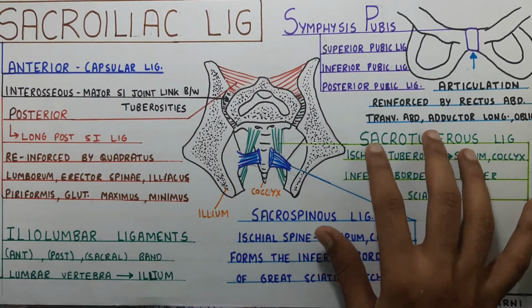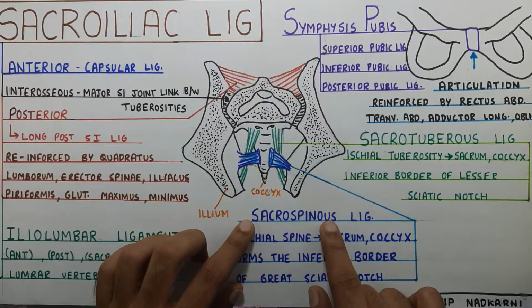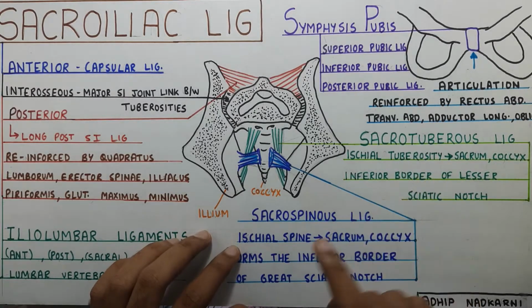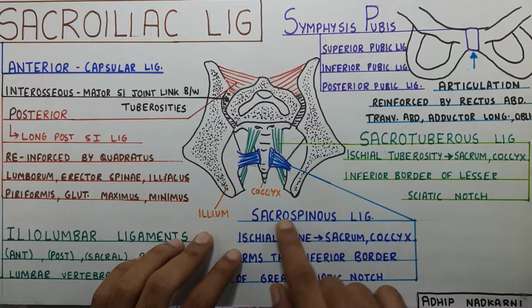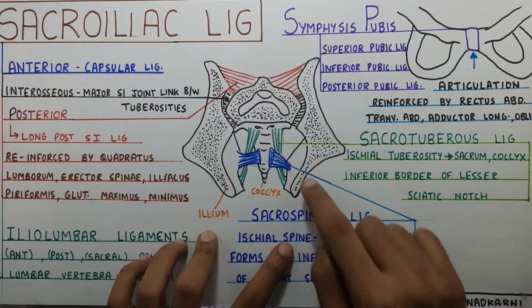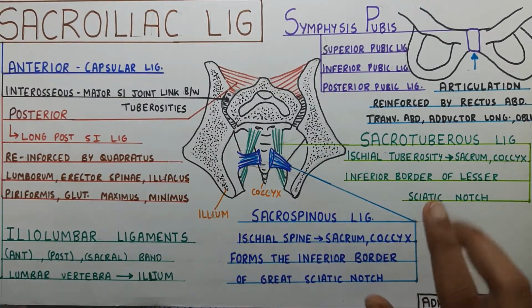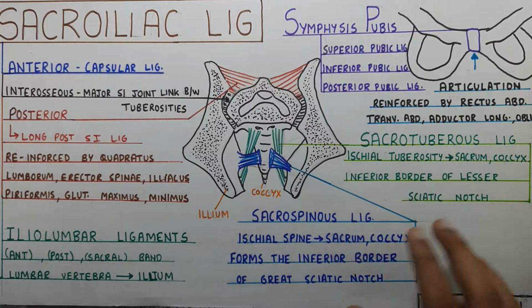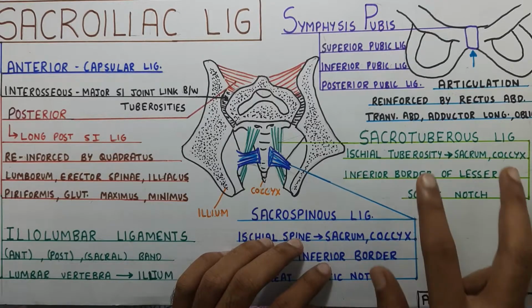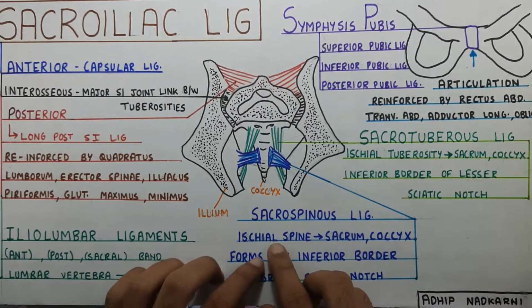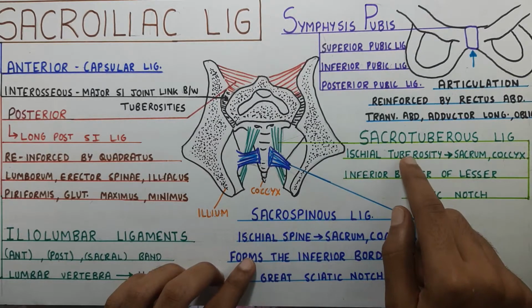Now compared to this, there is also the sacrospinous ligament, which is very similar, but the only difference is that instead of the ischial tuberosity, it comes from the ischial spine and again goes to the sacrum and coccyx. So that is the difference between them: both attach to the sacrum and coccyx but arise from the ischial spine and ischial tuberosity.